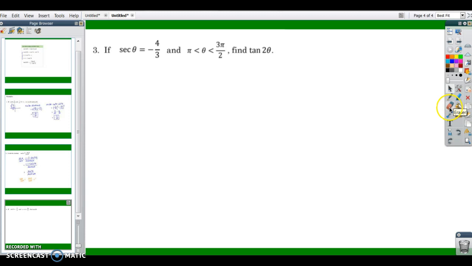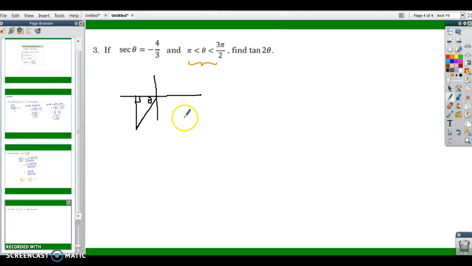We've got secant of theta is negative 4/3, and theta is between pi and 3 pi over 2. So from this information, I know that I'm going to be in the 3rd quadrant. So I'm going to go ahead and draw that in the 3rd quadrant. So here's my angle in the 3rd quadrant.